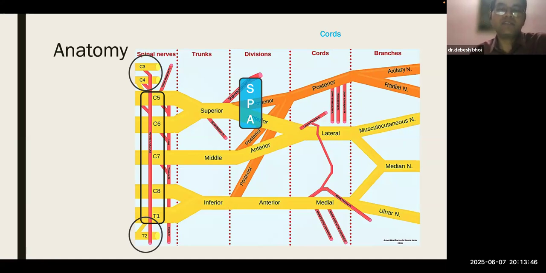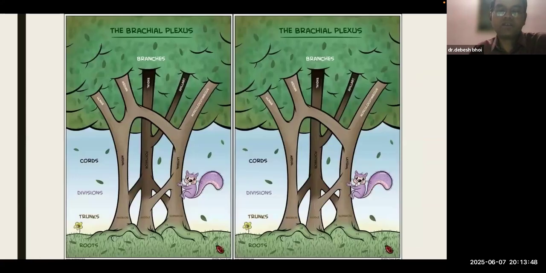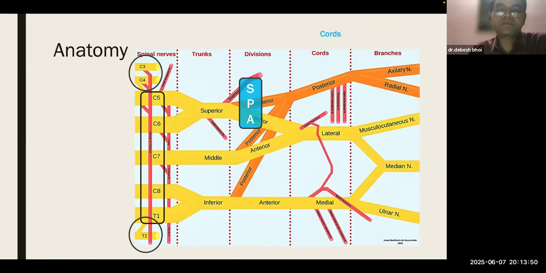Different branches originate from here. At the level of the divisions, the suprascapular nerve is one of the very important nerves that might need to be blocked in case of shoulder pain.